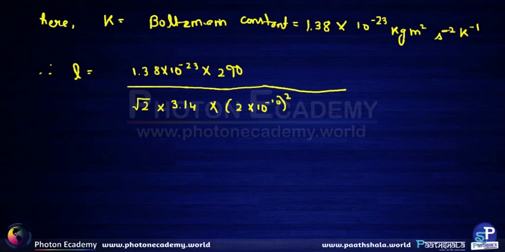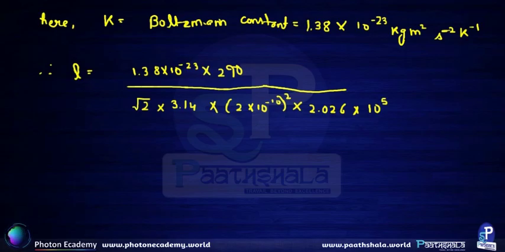Pressure is 2.026 into 10 raised to the power 5 pascals. 1 pascal is 1 newton per meter square. So when we solve this, the value of L comes out to be 1.11 into 10 raised to the power minus 7 meter.